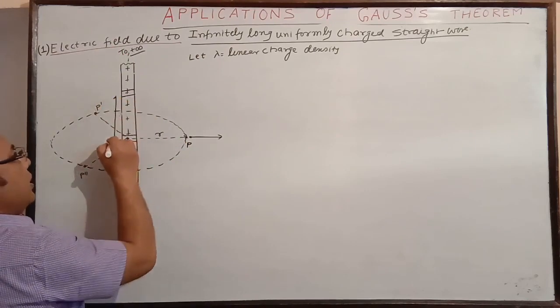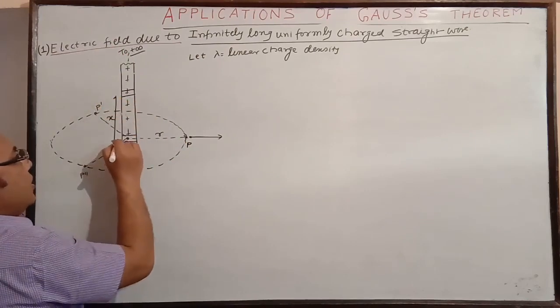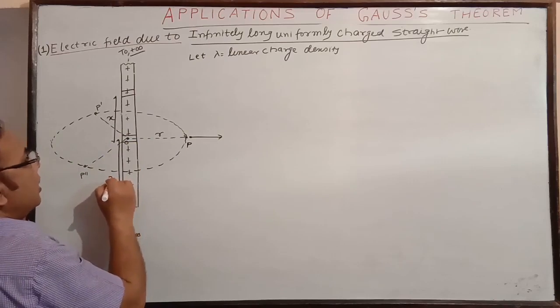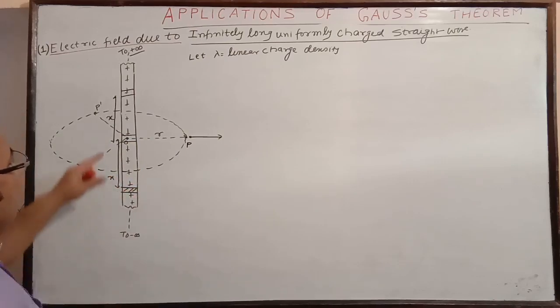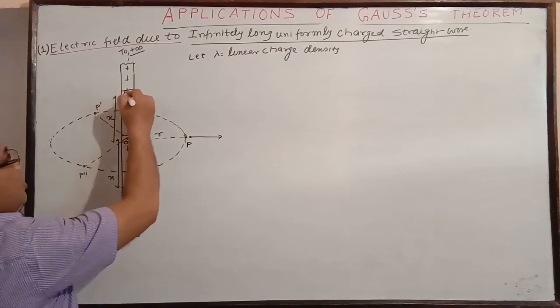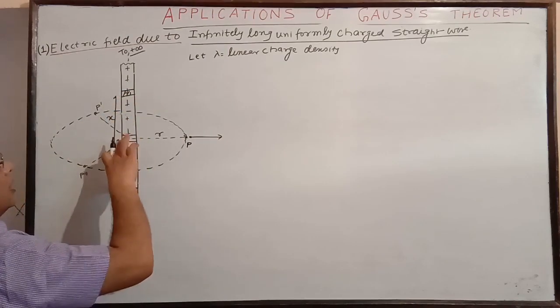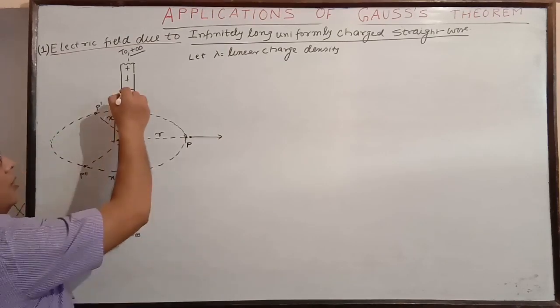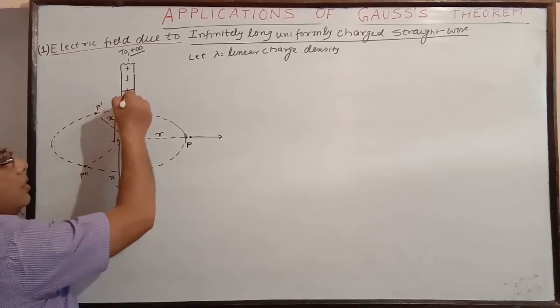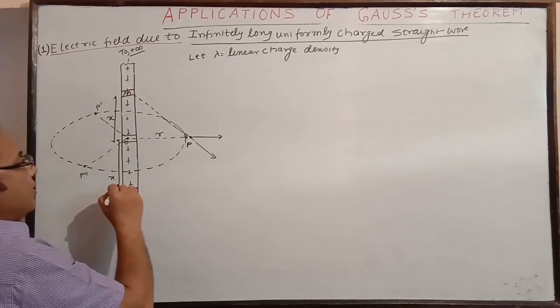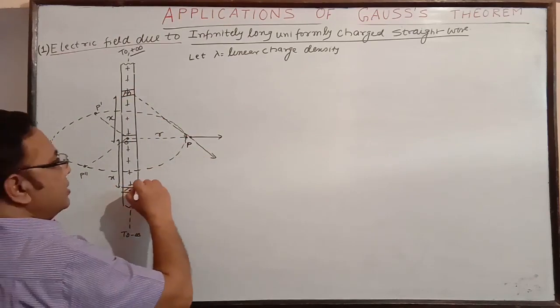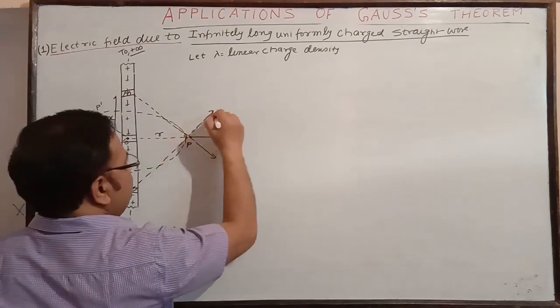Assume any small element on both the sides at equal distance. For these two elements, suppose they are at the same distance, say x. Due to this element, the electric field will be along this, and for this element, the electric field will be along this.